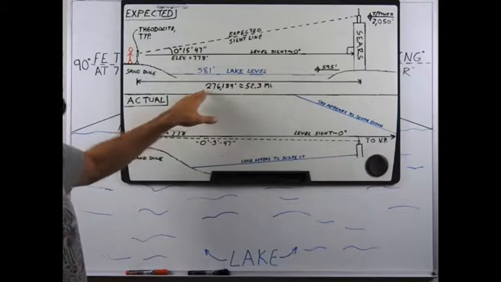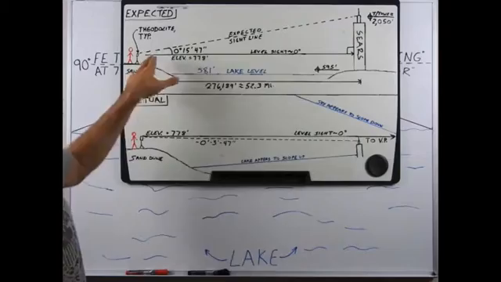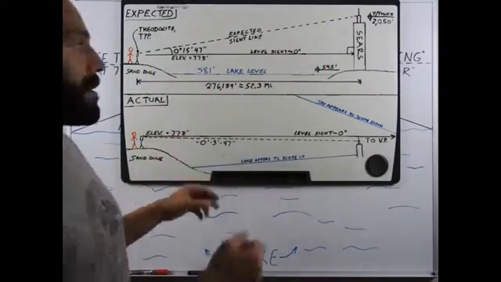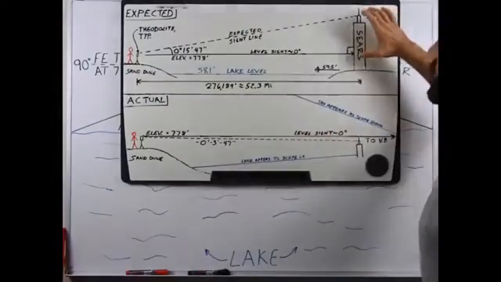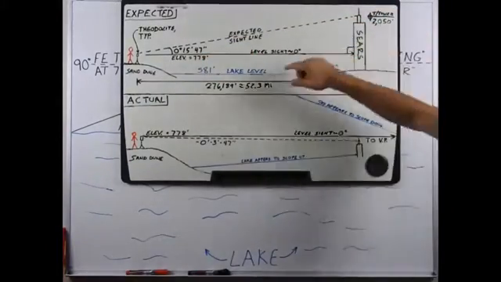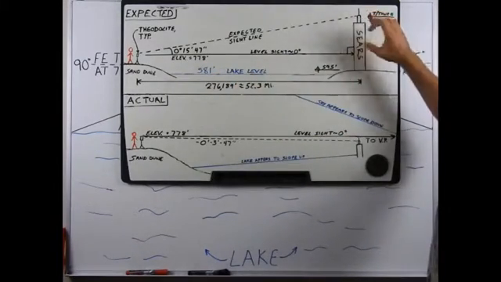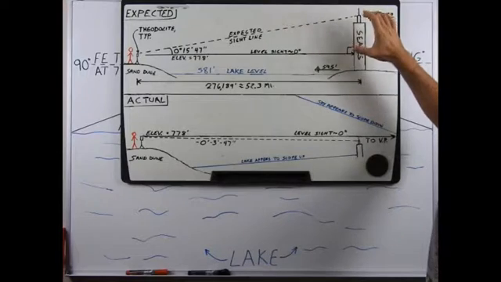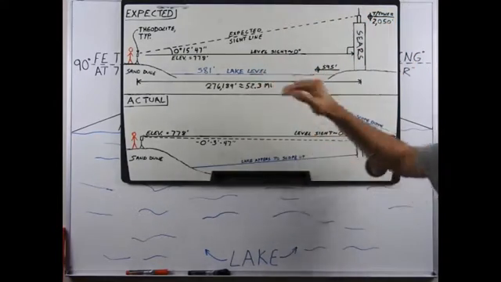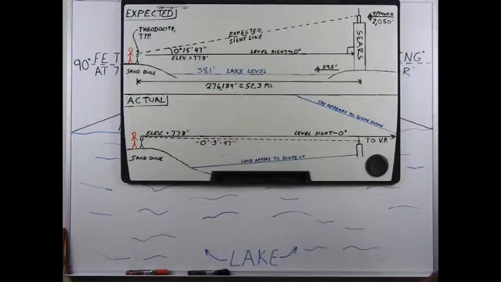You've got 52.3 miles, which is 276,189 feet. That's your adjacent leg for your right triangle. And then your opposite leg, this would be the hypotenuse, the sight line. The opposite leg is 2,050 feet minus 778 feet. So the inverse tangent of your opposite leg divided by your adjacent leg gives you this angle, which is 0 degrees, 15 minutes, and 47 seconds.